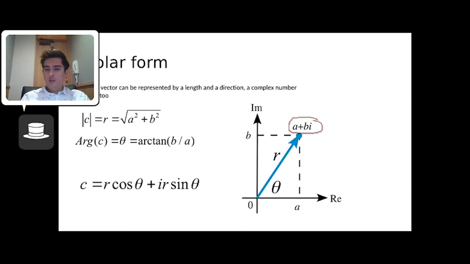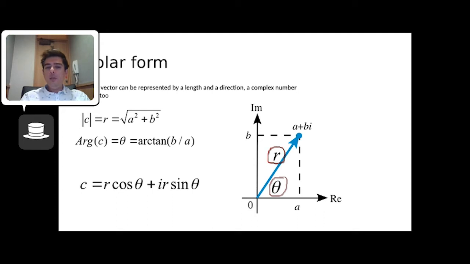In this two-dimensional case it's pretty easy because the direction is determined only by this angle theta, and the length of the vector is what we're going to call r. It's called r because it looks like a radius of a circle.